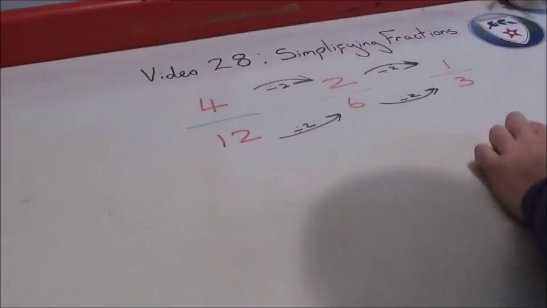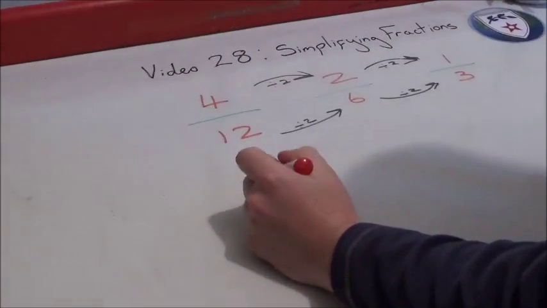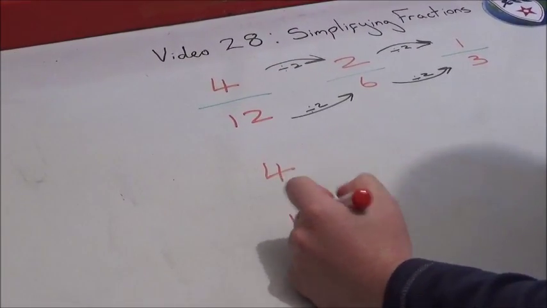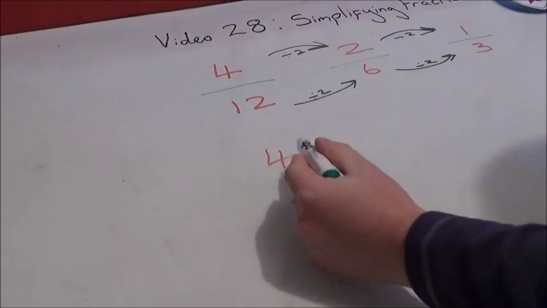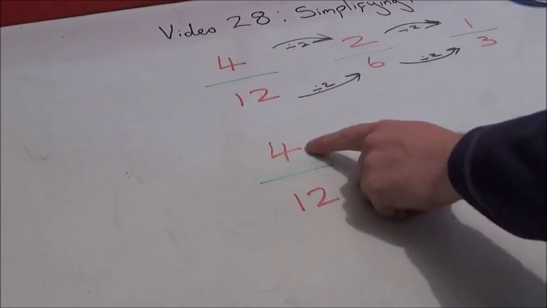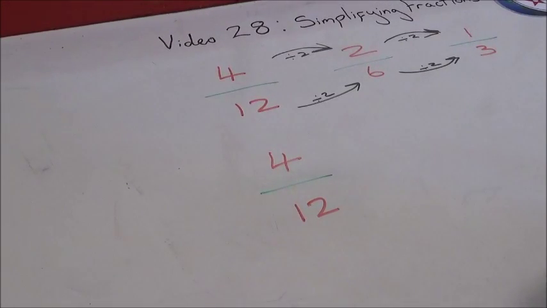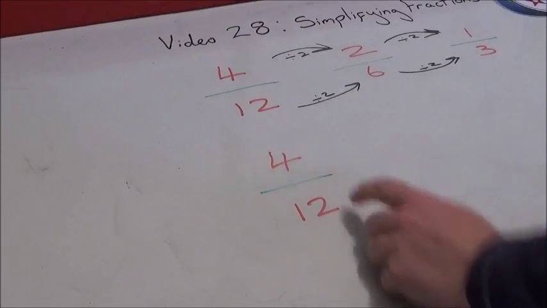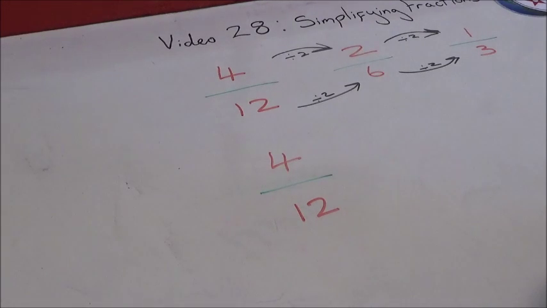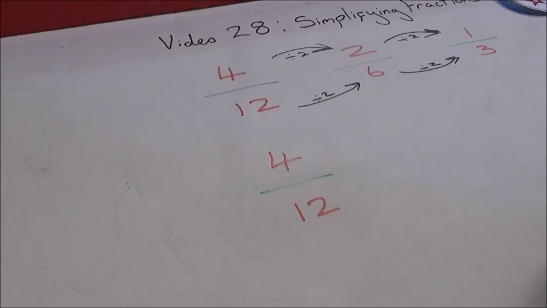But actually, that's not a very fluent way of doing it. So let's have another look at doing it. There's nothing wrong with how I've done that. It's just that we can do it quicker and more fluently by using our common factor knowledge. So thinking about way back onto video, can't remember, but it was in the teens, we had factors. And we looked at common factors. And a common factor is a number that both of these are divisible by.